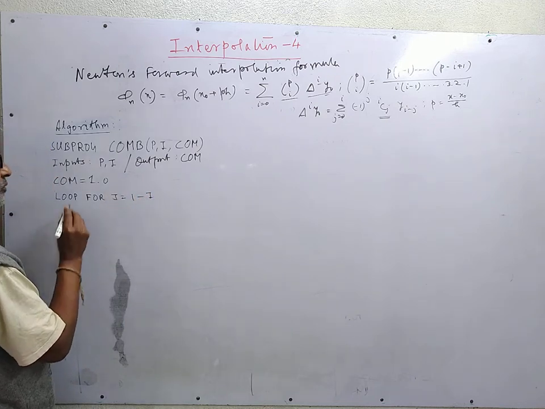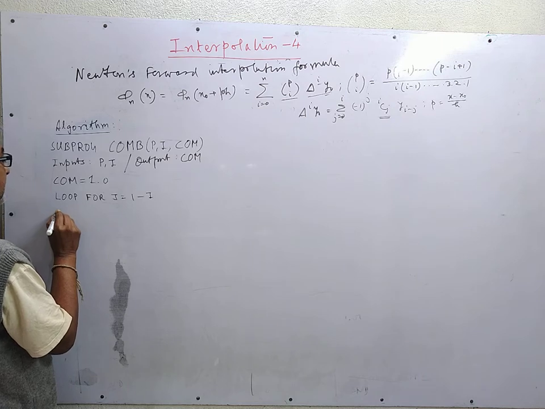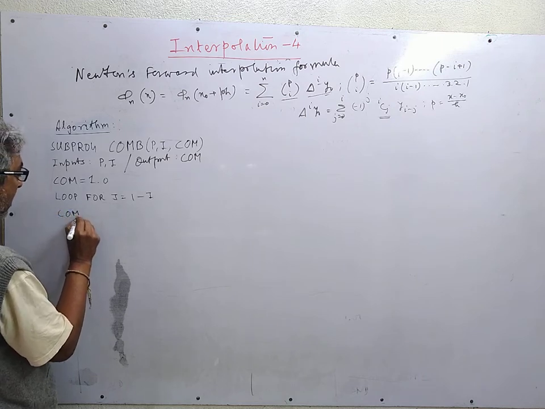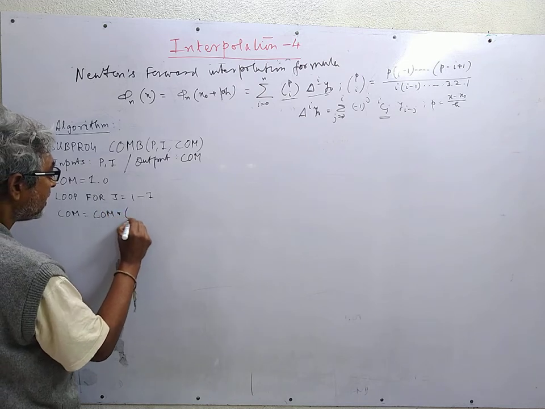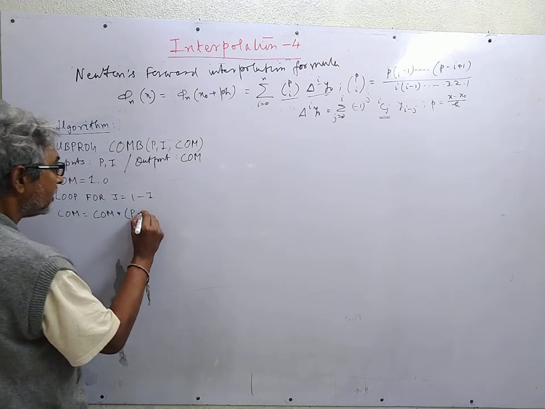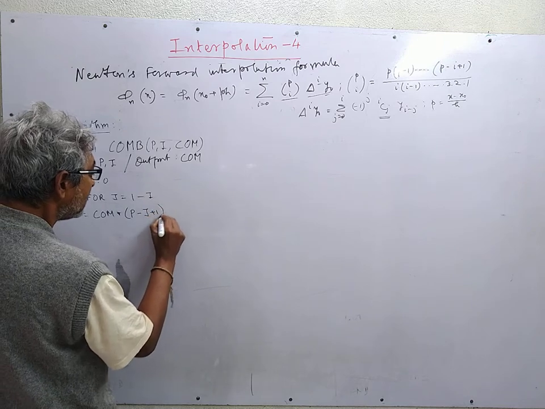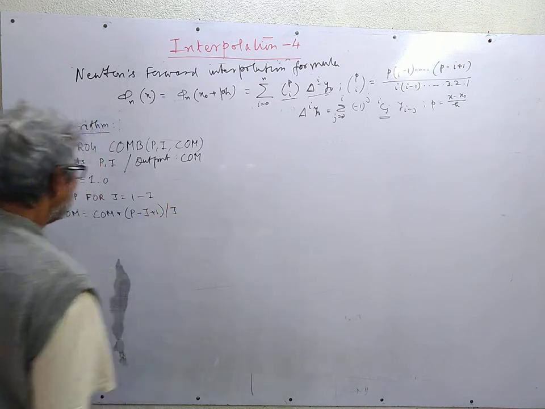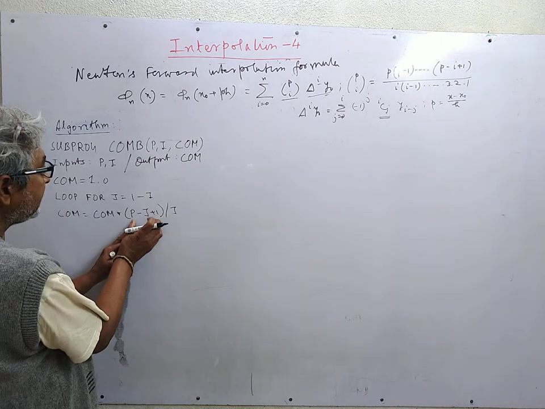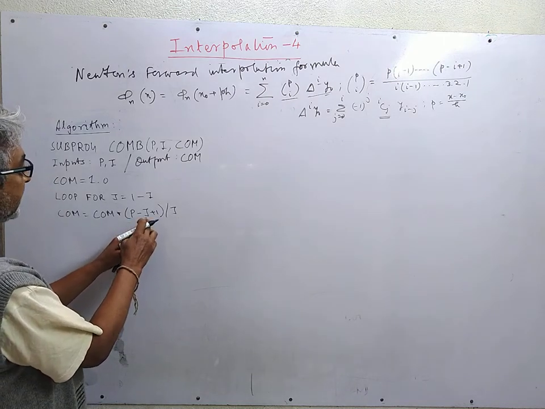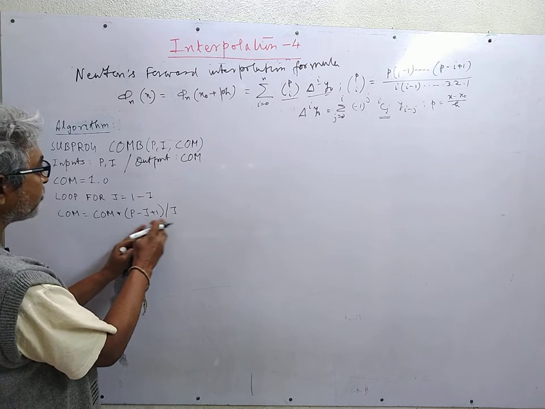For each value of j, we define the factor. Now at the first step j is 1, so it is p by 1. In the second step j is 2, so this is p minus 1 by 2.